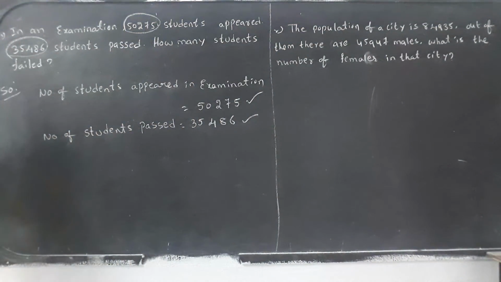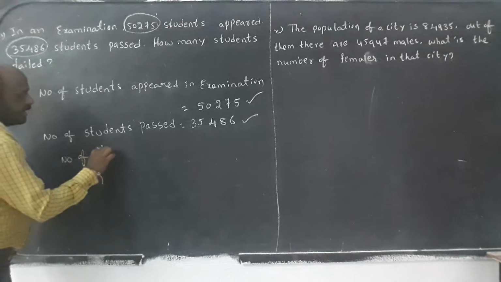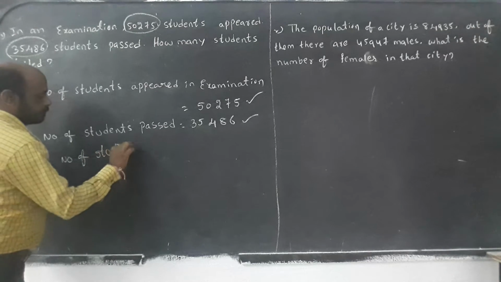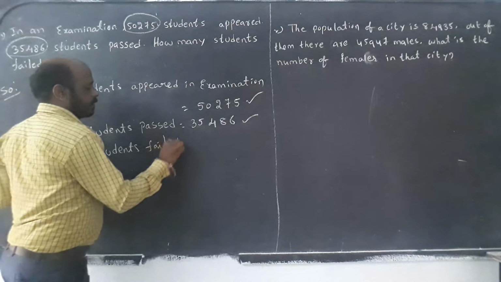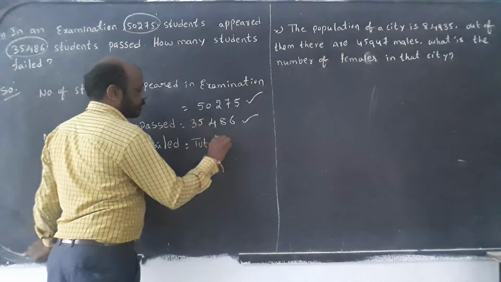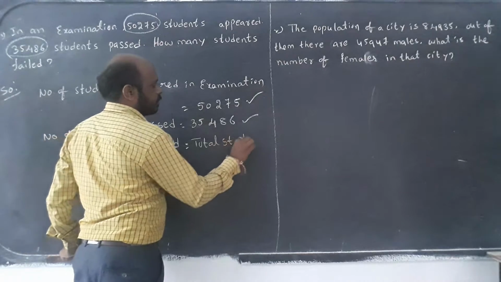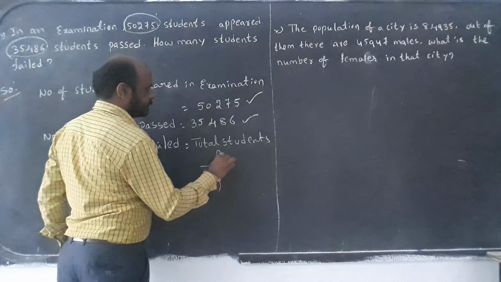We have to write number of students failed. Number of students failed is the total students minus passed students.